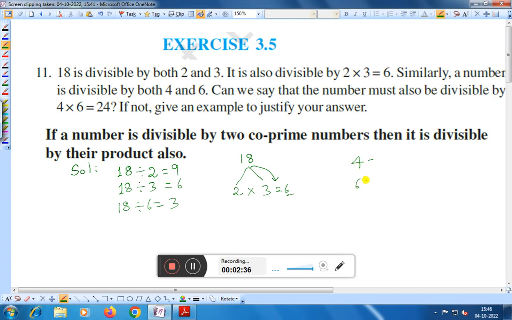Now you see, 4 can be written in prime factorization form as 2 into 2, and 6 can be written as 2 into 3, or you can write 1 into 2 into 3, right? What are the common factors?